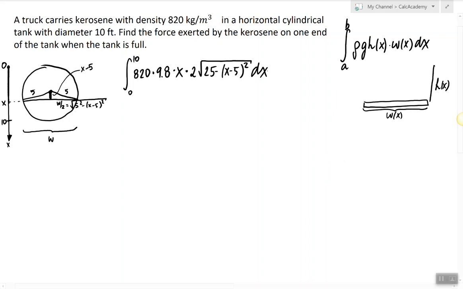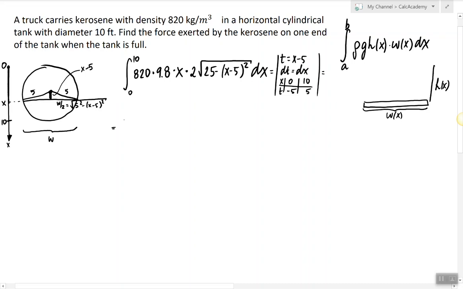And to integrate this, we're going to perform a couple of substitutions. So the first one is, let's set t to be equal to x minus 5, then dt is dx, and the limits of integration are from -5 to 5.